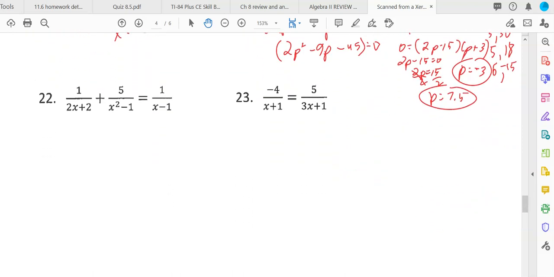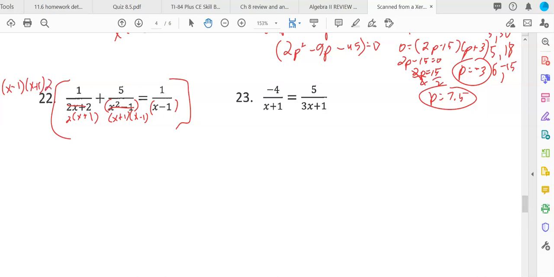Factor this first. So this one is really 2 times x plus 1. This one is really x plus 1, x minus 1. And this one's x minus 1. So my LCD would be, I need an x minus 1 for sure. I need an x plus 1 for sure. I need a 2.